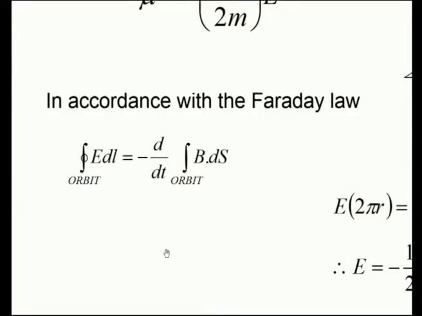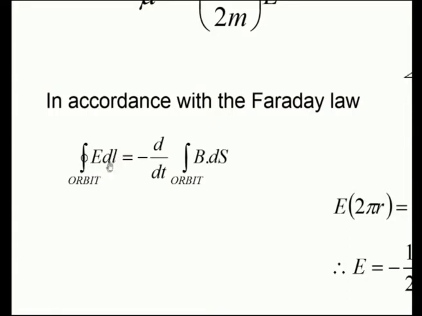And in accordance with the Faraday law, we have the following theorem, that is, the integral of E·dl, where dl is the linear element and E is the electric field, and the integration is over the circular orbit or the current loop.